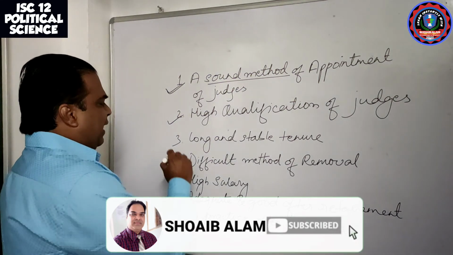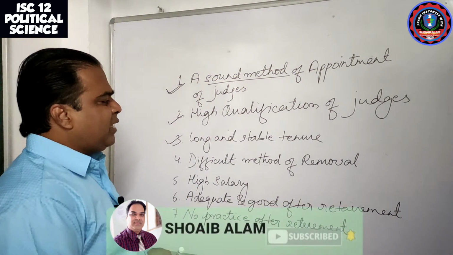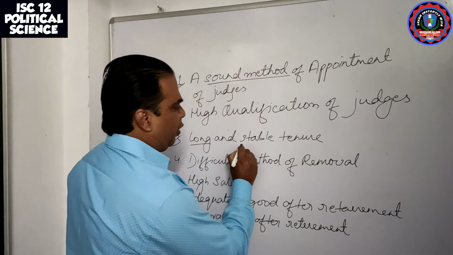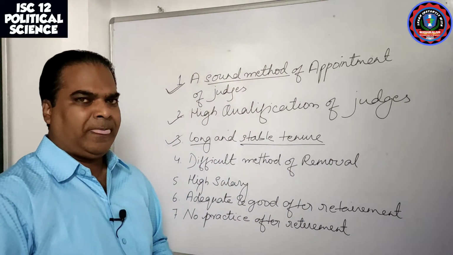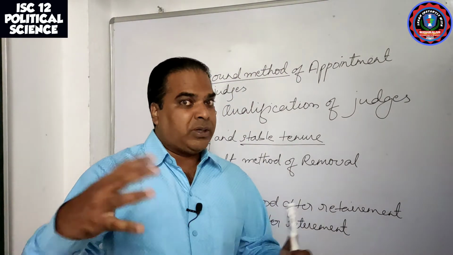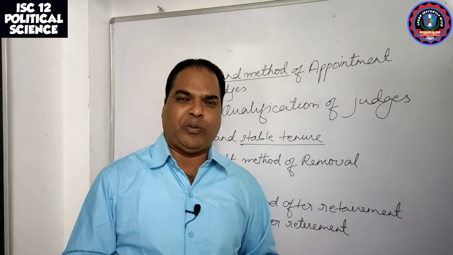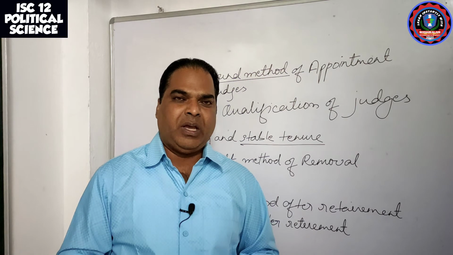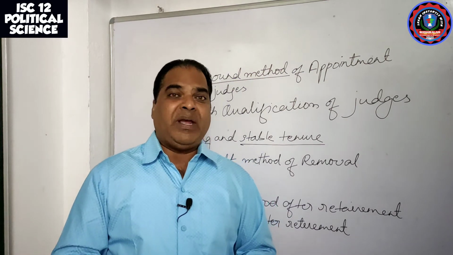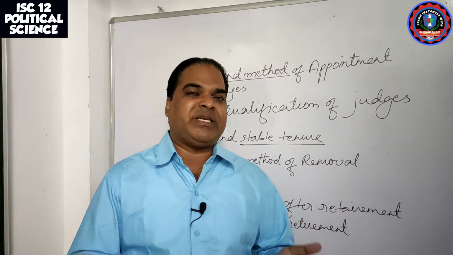Now the third one is long and stable tenure. First of all, let us talk about India. Once a person becomes a judge of the Supreme Court, what will be his tenure? The judges of the Supreme Court remain in office until they attain the age of 65.